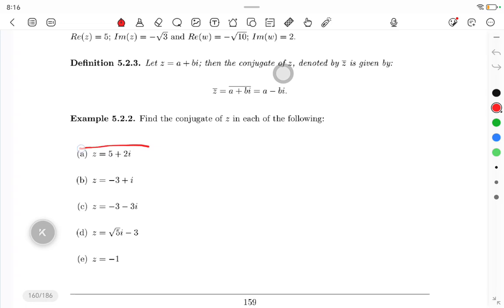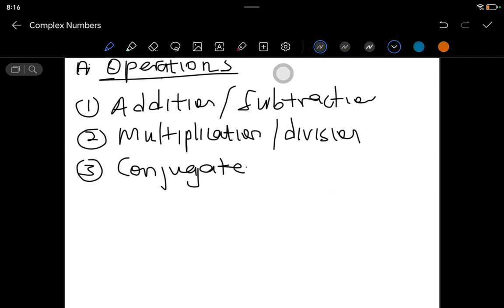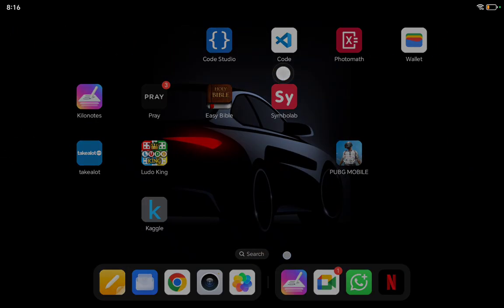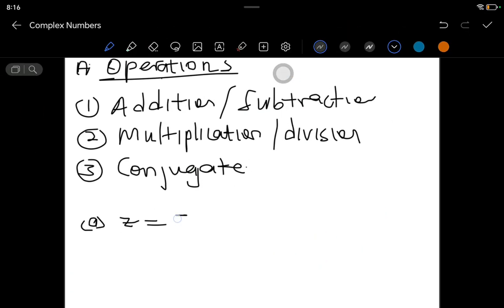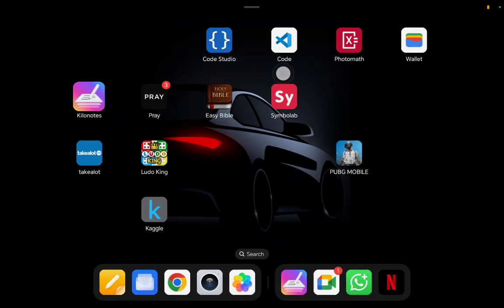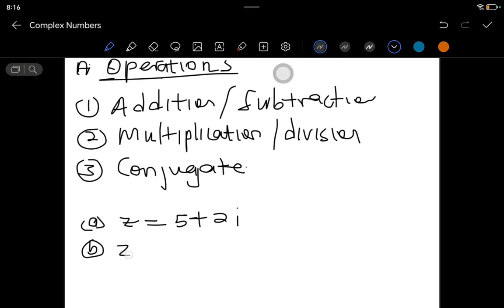Let's say z is equal to 5 plus 2i, and then they say the other one is equal to minus 3 plus i. I'll just call this one W.